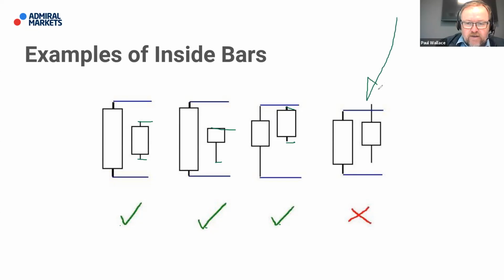As you can see here, this is not an inside bar because the wick breaks out above the high of the preceding bar. That is not an inside bar. Some people talk about the actual bodies of the candles, and they would say, oh, well, actually, Paul, that's an inside bar because the body is within the body of the preceding bar.